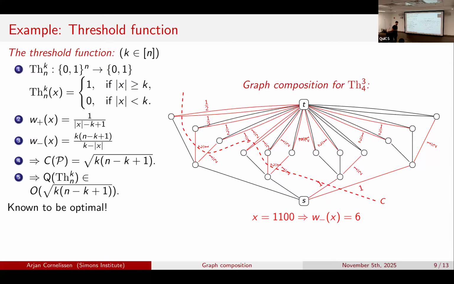One thing that sets this apart from previous constructions is that even though we get a graph which is exponentially big, right? If we set k equal to n over 2, we get exponentially many edges in this graph. But still, the resulting algorithm is efficient, because you get an optimal algorithm.